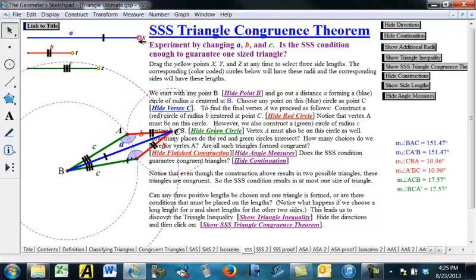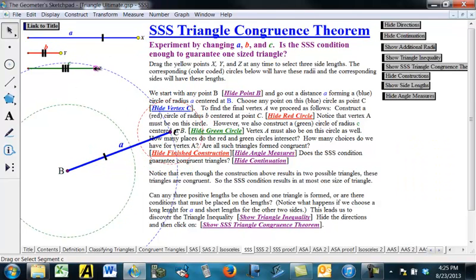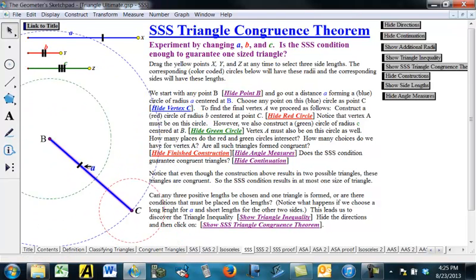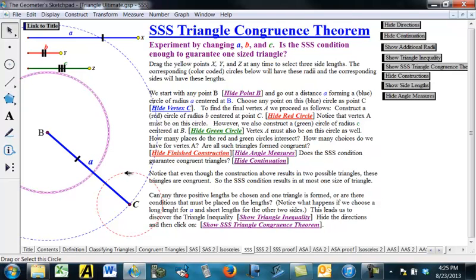So if we choose a fairly long length here, say for A, but we choose a short length for these two, what are we looking for? We're looking for a place where the green circle and the red circle meet. But if they're too short, then this is not going to work. Notice that if these are too short, we don't get a triangle.